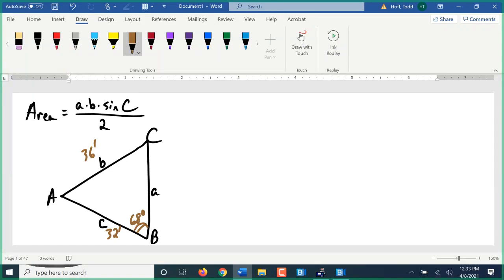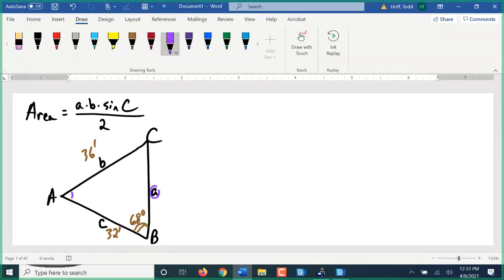In this drawing, we do not have two sides and the included angle. Remember, we need that situation where we have two sides and the angle in between them. Not what we have here. So we need to either find this angle or this side.